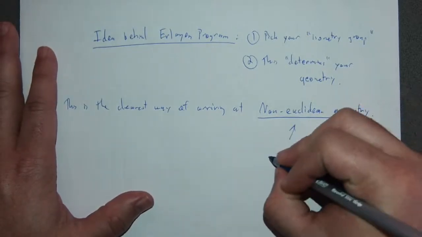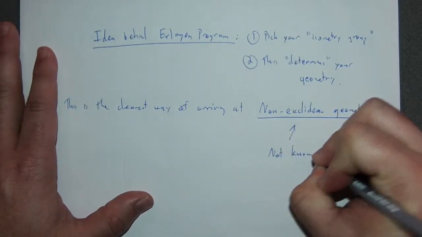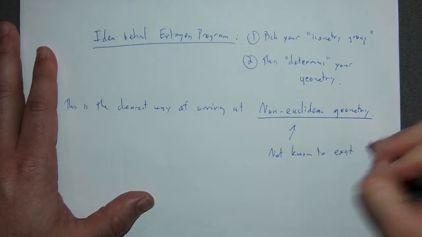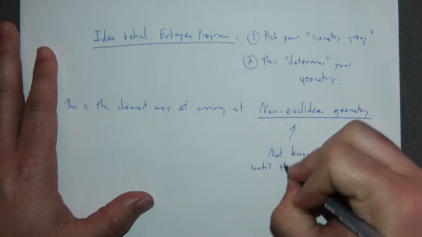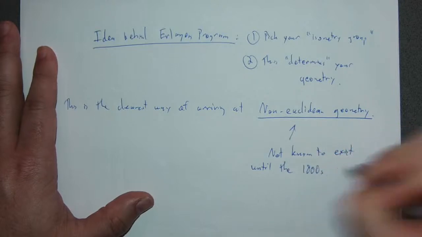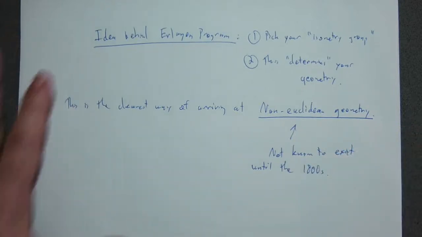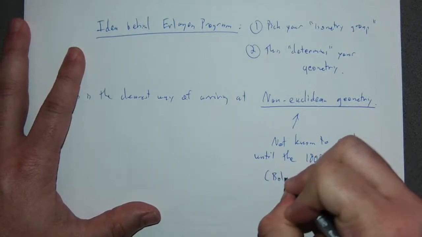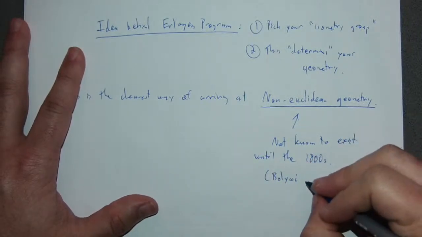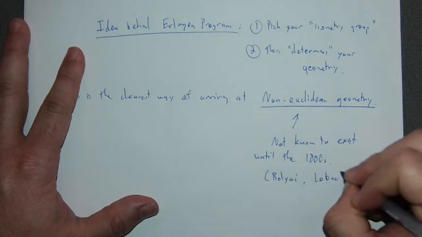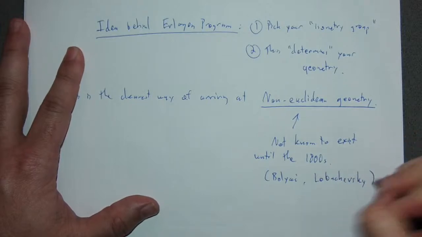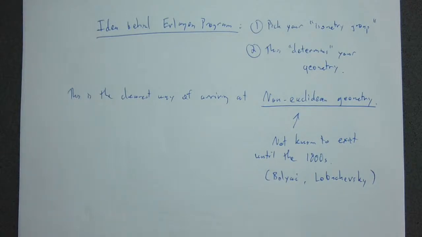János Bolyai and Nikolai Lobachevsky independently came up with the first full formulation of a non-Euclidean geometry, in the 1800s. 1830s for Bolyai, I think, maybe 1840s for Lobachevsky. I can't remember exactly off the top of my head.